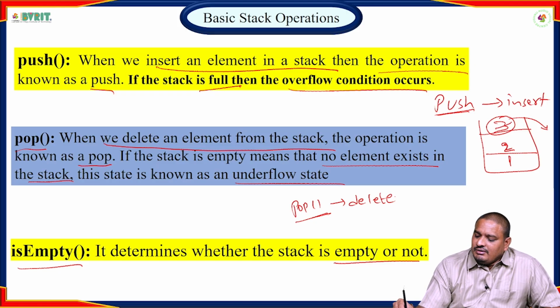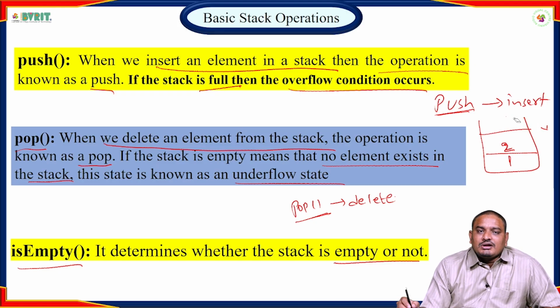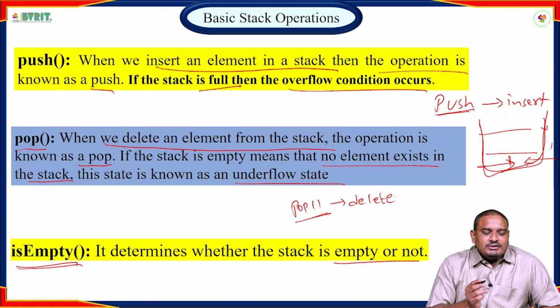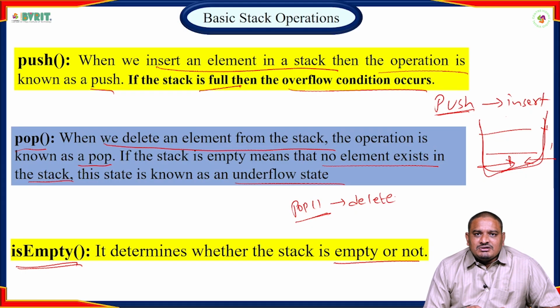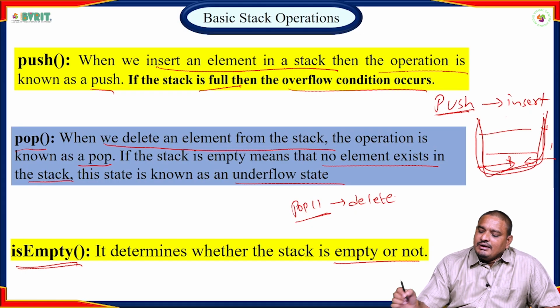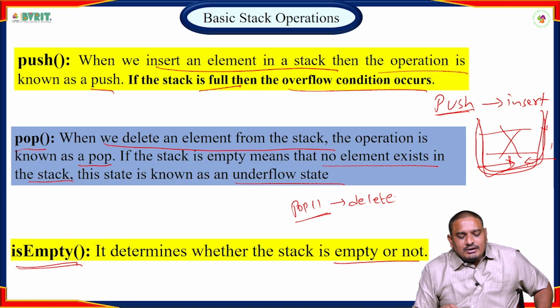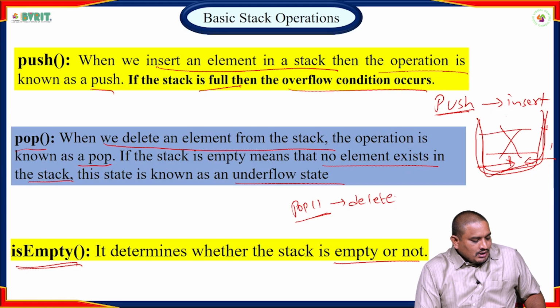First 3 will be removed. The top of the stack is 2. Next, element 2 will be removed from the stack. The top of the stack is 1. Element 1 will be removed. Next, the stack is empty. Now we can apply is empty, which checks whether the stack is empty or not. There are no elements here. That's why we apply the is empty operation.